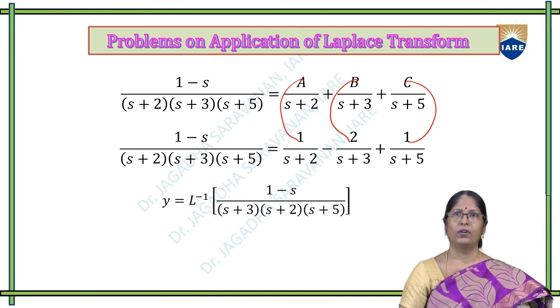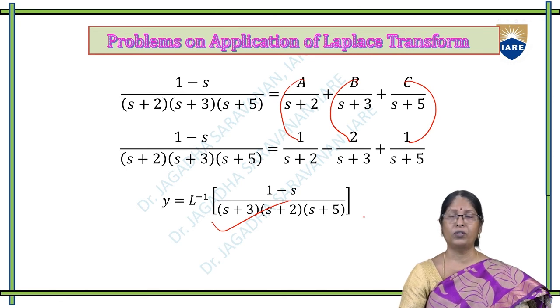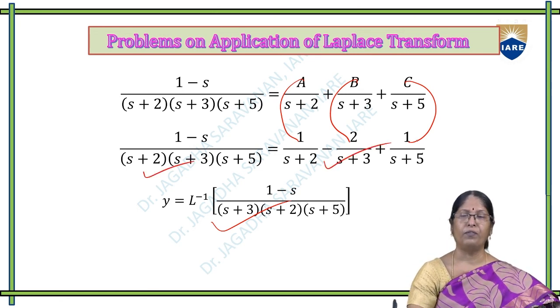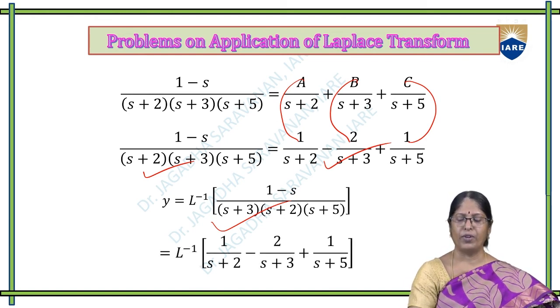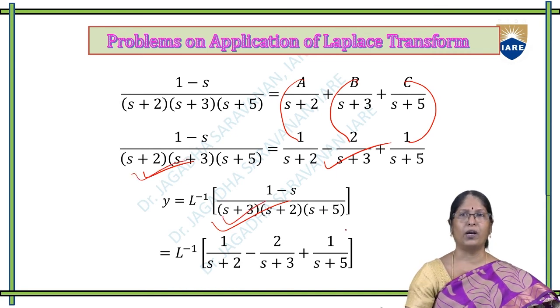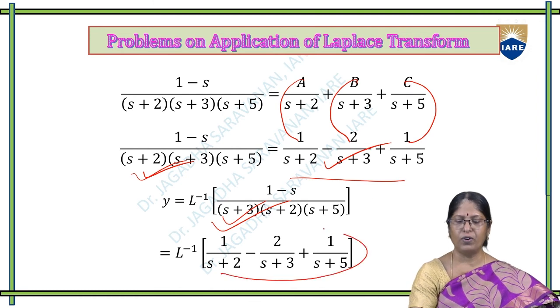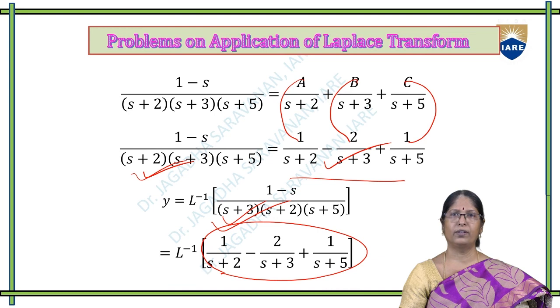Now, our question is y equal to L inverse of. So now, on both sides we will apply L inverse. When we apply it, the left side has become our equation, whereas on the right side, L inverse of 3 terms are there. We know it.